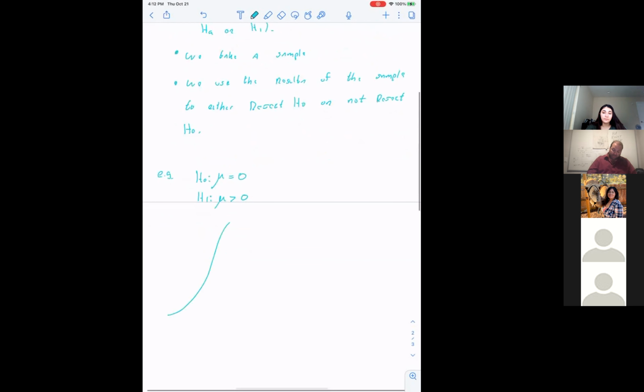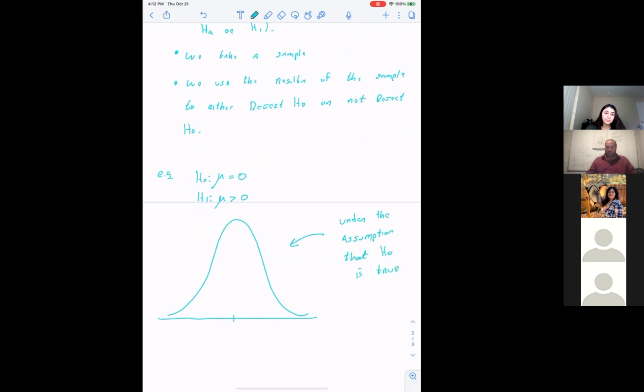I always make my drawing of the original distribution under the assumption that the null hypothesis is true. Under that assumption, what is the mean of this distribution? 0.